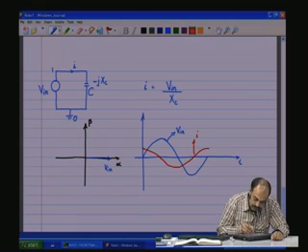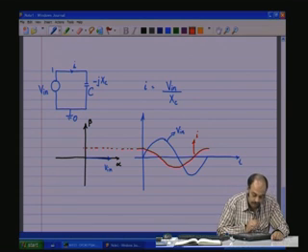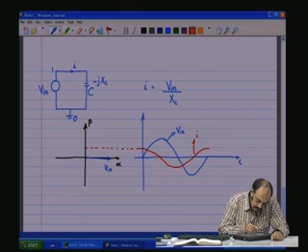Now, the other phasor is starting at this point. What is the angle? The angle between these two is 90 degrees, 90 degrees leading. So, the current is leading by 90 degrees.